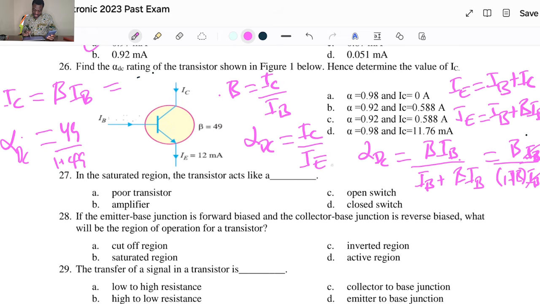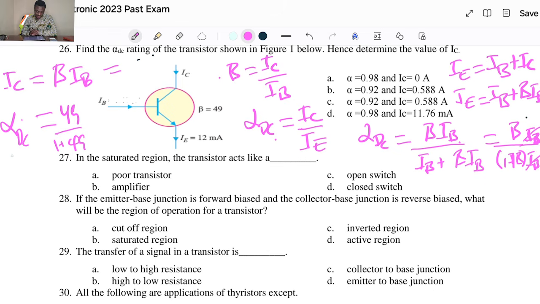To find IC, I can use this formula. I can write 0.98 equal to IC over IE.